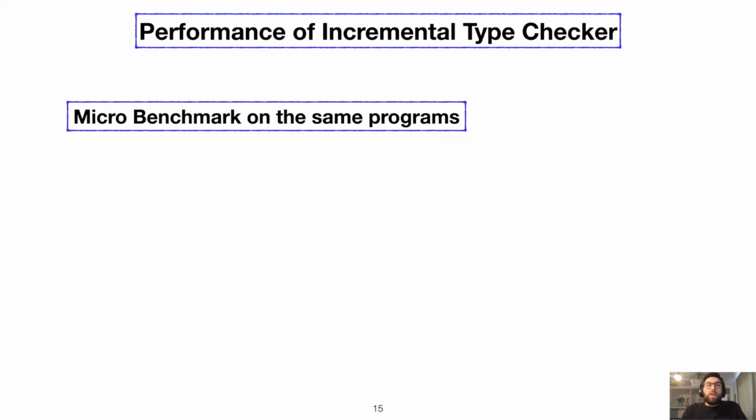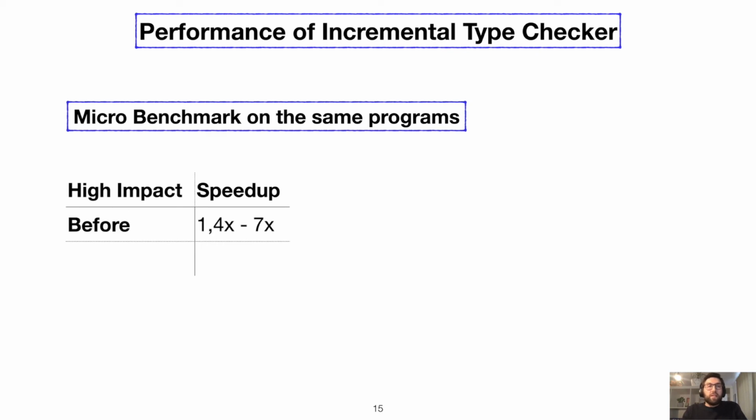After applying these transformations, we measured the performance of the same programs and changes again. The incremental update times for high impact changes improved significantly. Before, they were 1.4 to 7x, and after the optimizations, they were 7x to roughly 900x.